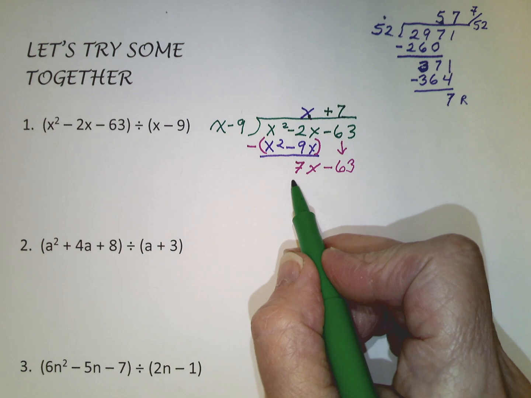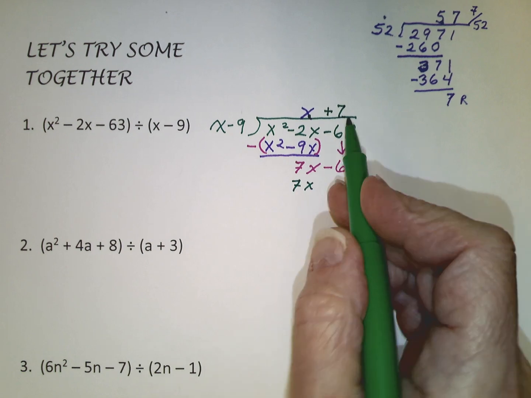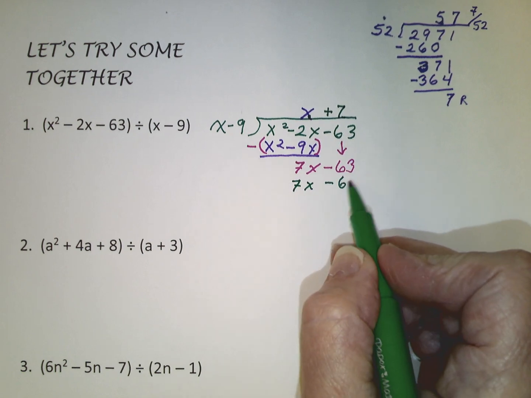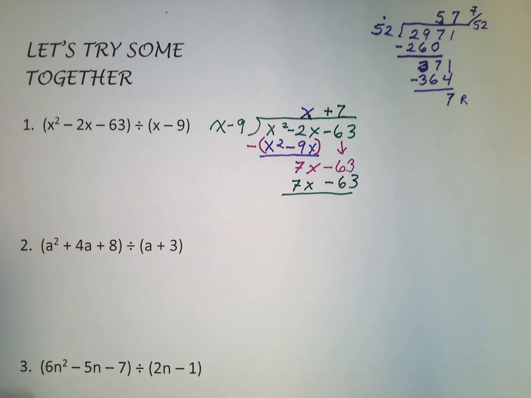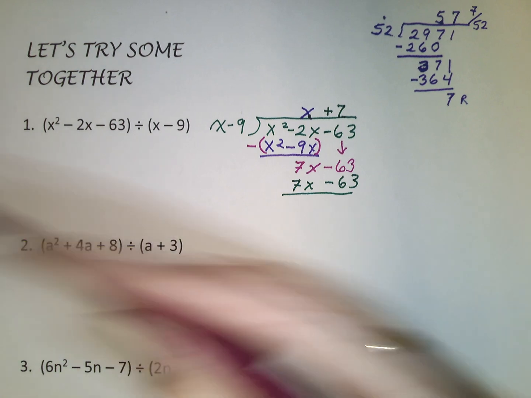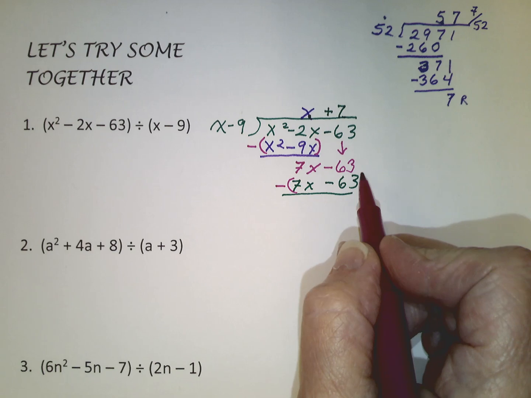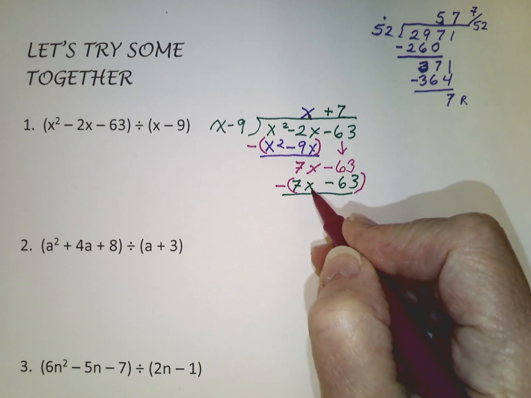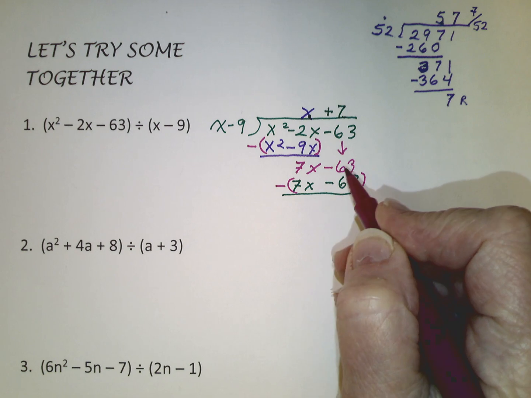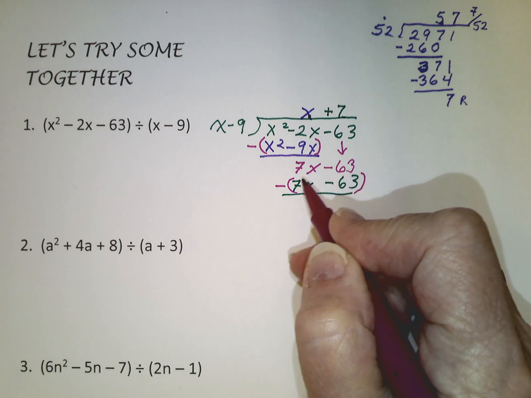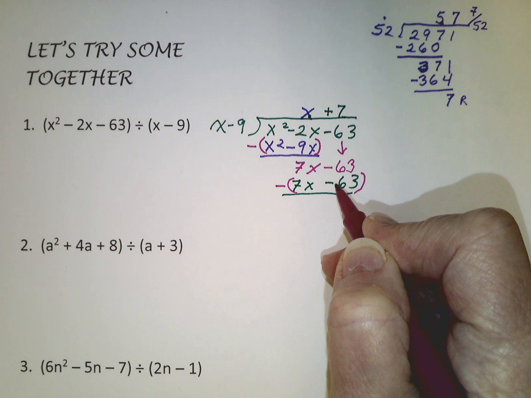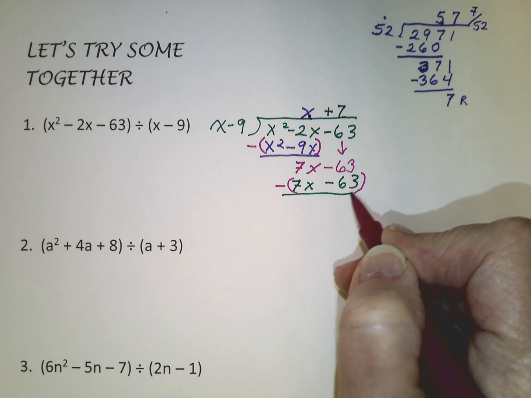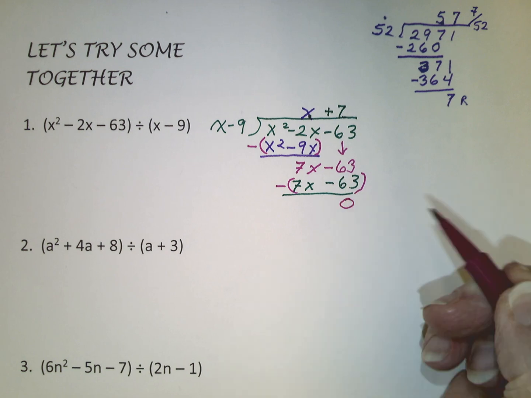So 7 times x, 7 times negative 9, and subtract. Well, 7x minus 7x is 0. Negative 63 subtract negative 63 is like negative 63 plus 63. So this remainder is 0.